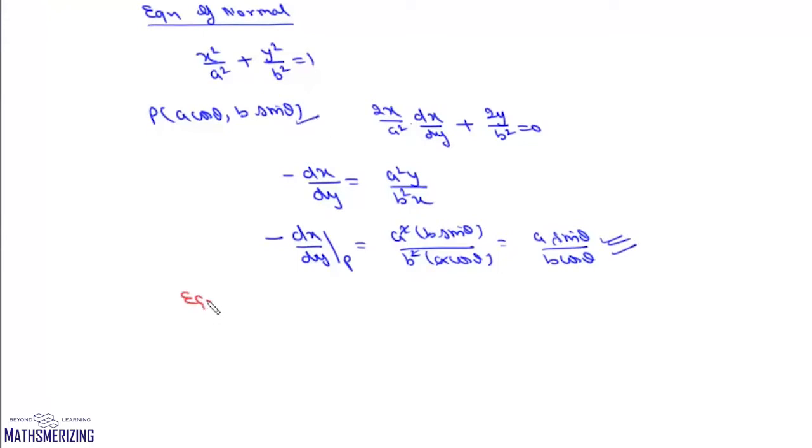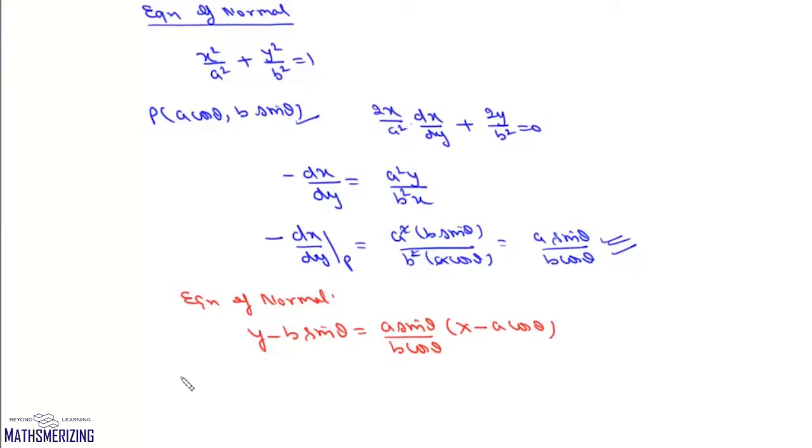So the equation of normal will simply be y minus b sin theta, and this is a sin theta upon b cos theta, and then x minus a cos theta.